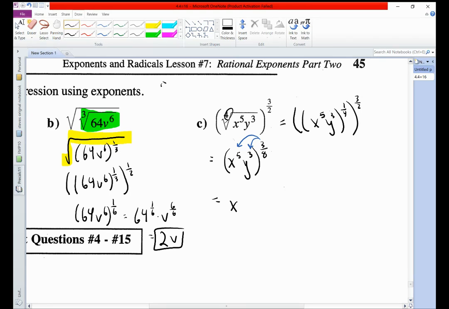So 5 multiplied by 3 over 8 is going to give me 15 over 8. So I can say x to the power of 15 over 8. And then I'm going to do the same thing with the y. 3 times 3 over 8 is going to be 9 over 8. And I think that's as far as you can go with that.